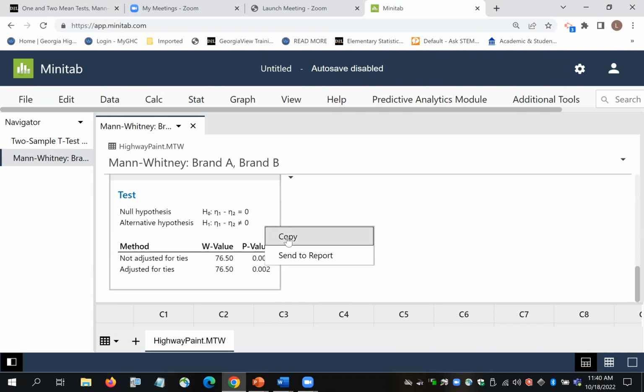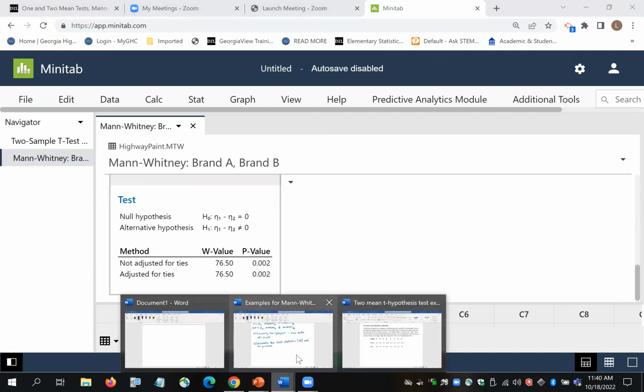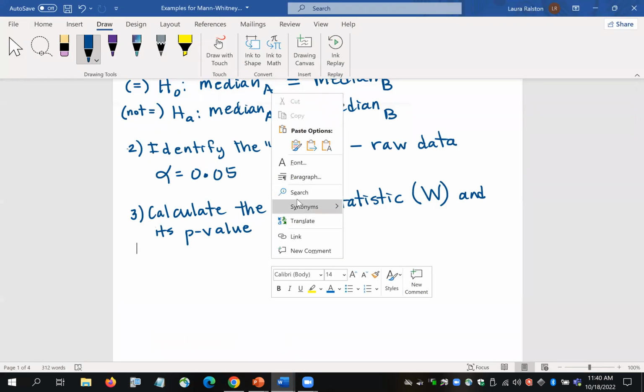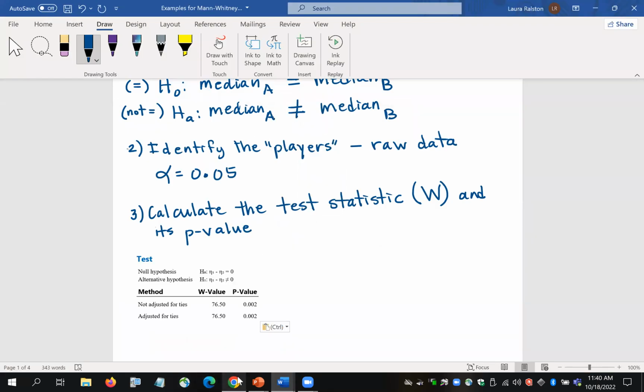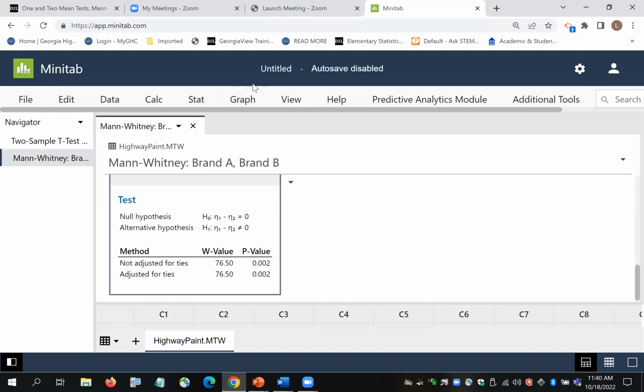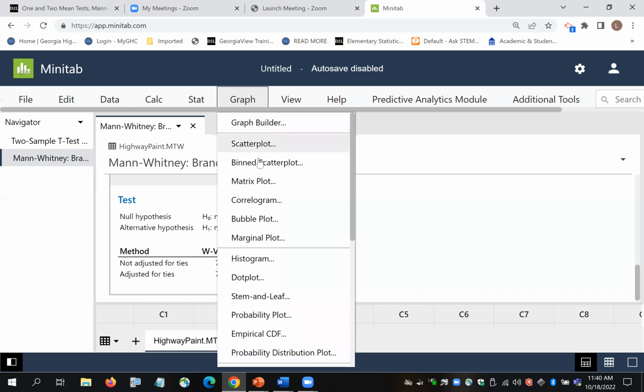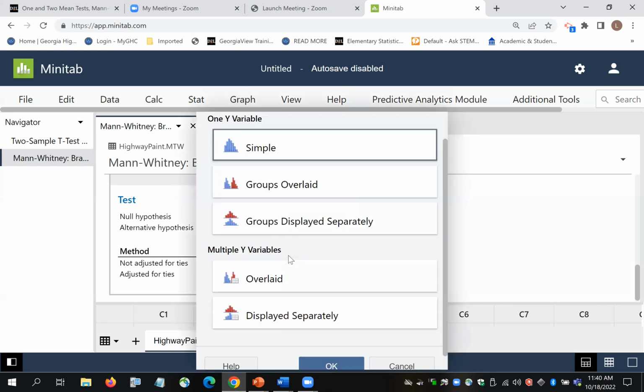Okay, let me copy this, and then I need to backtrack for a second because I didn't show you. It told us in the problem that our distributions were not normal. But if I did not know that, I could look at the histogram. So just to review, to create a histogram, we go to Graph, Histogram, and I can get it to show me both graphs at once.